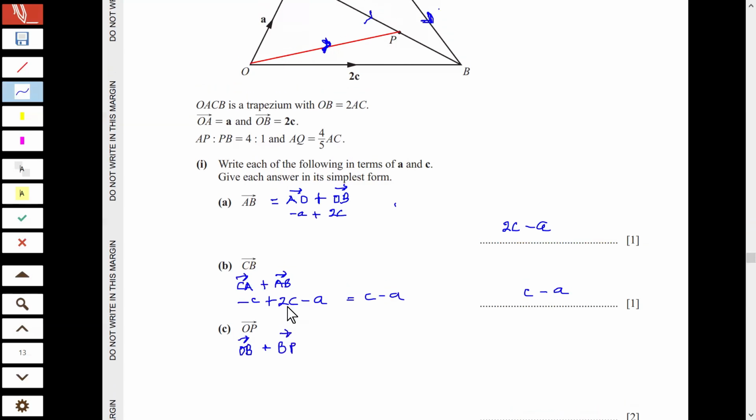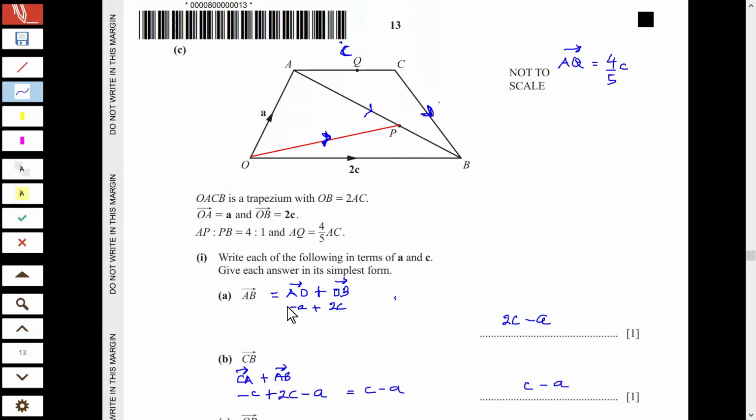Let's go back to the diagram again. See, vector OP is equal to OB and BP. So we're moving in this direction of OB, and then in this direction here, we have OB and BP.